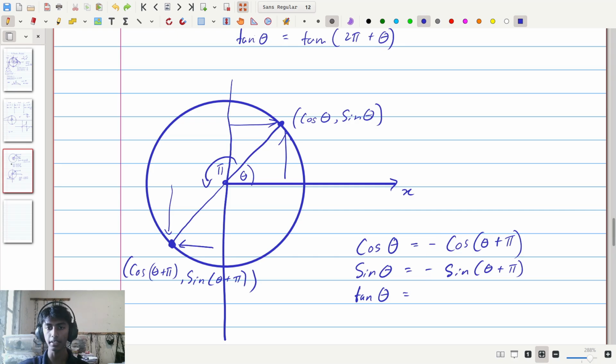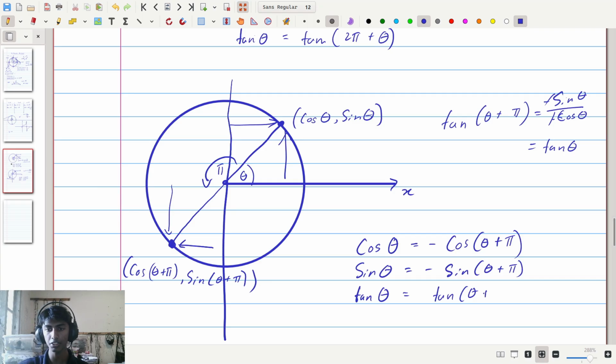So tan of theta plus pi would equal sine of theta plus pi divided by cos of theta plus pi, which is negative sine theta divided by negative cos theta. Cancelling the two negatives, this would simply be sine theta divided by cos theta, which is tan theta. So actually, tan of theta plus pi is equal to tan of theta.